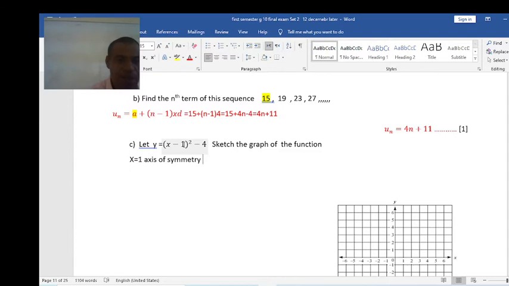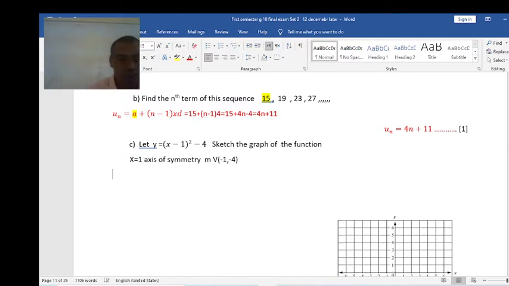If it were x plus 1, the axis of symmetry would be minus 1. Clear? And the vertex is 1, and the y value of the vertex is negative 4. Clear?